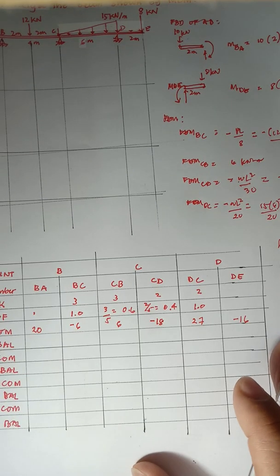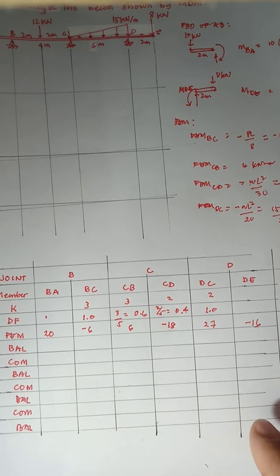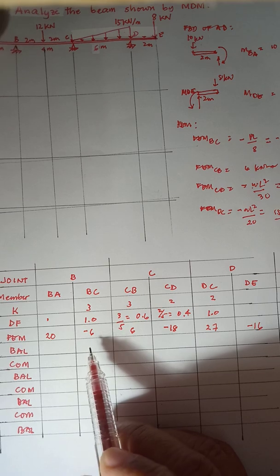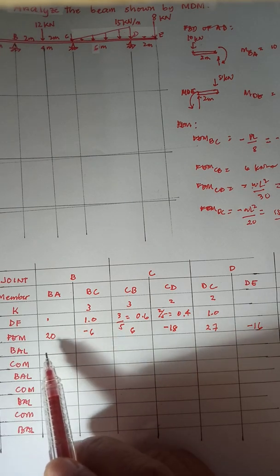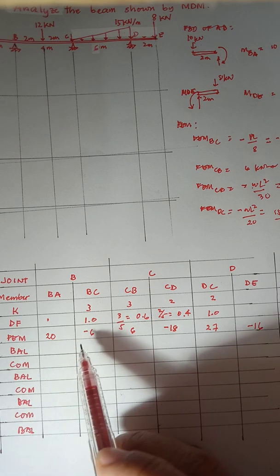Okay, so first you are going to balance. At joint B, there is a moment of 20 and negative 6. They are opposite in sign, because positive and negative, so you subtract. 20 minus 6 is 14.